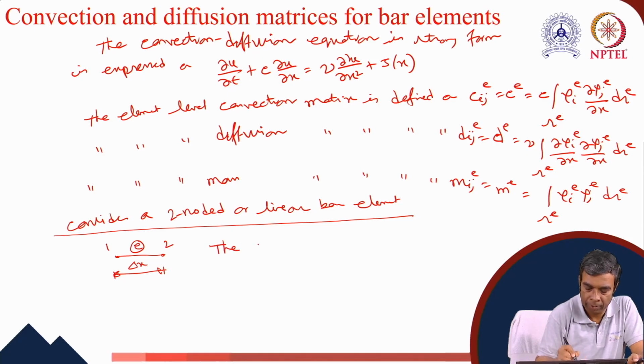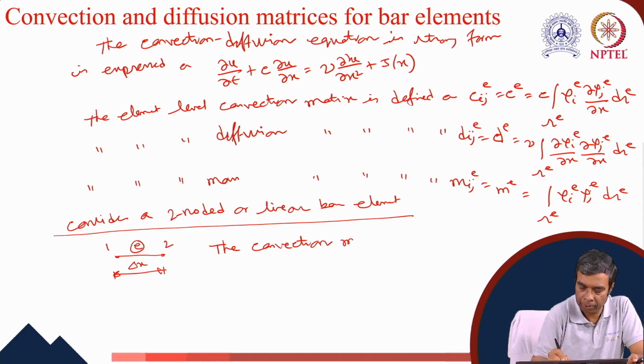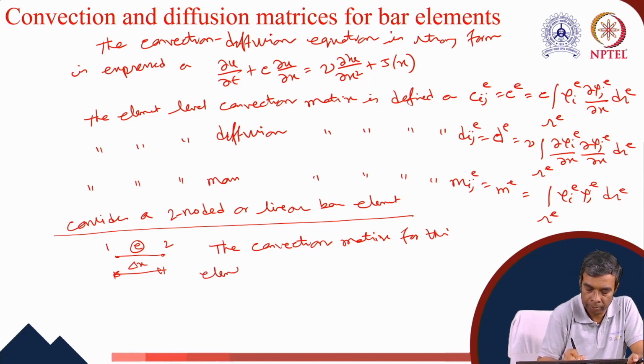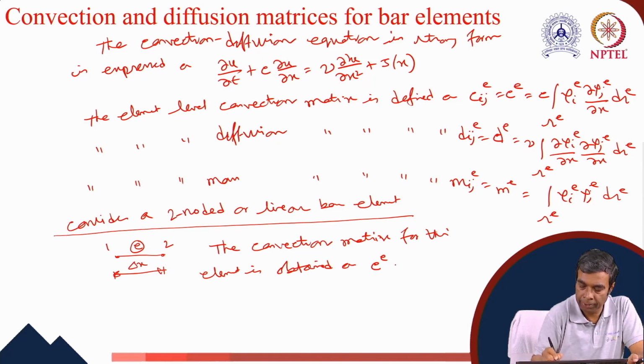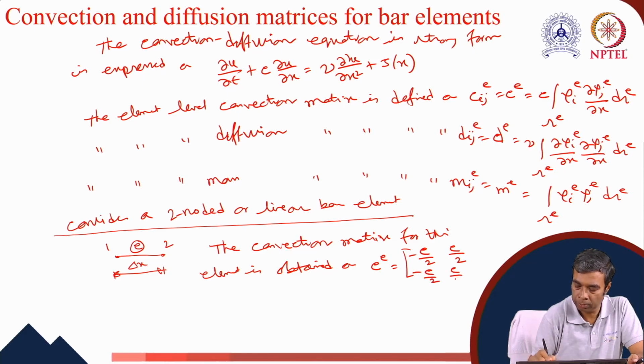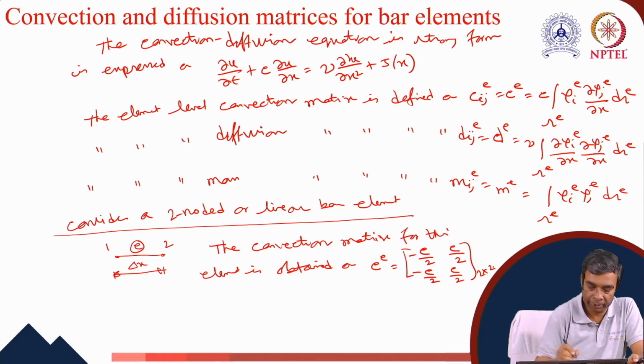The convection matrix for this element is obtained as CE equals minus C by 2, C by 2, minus C by 2, C by 2. This is a 2 by 2 matrix.